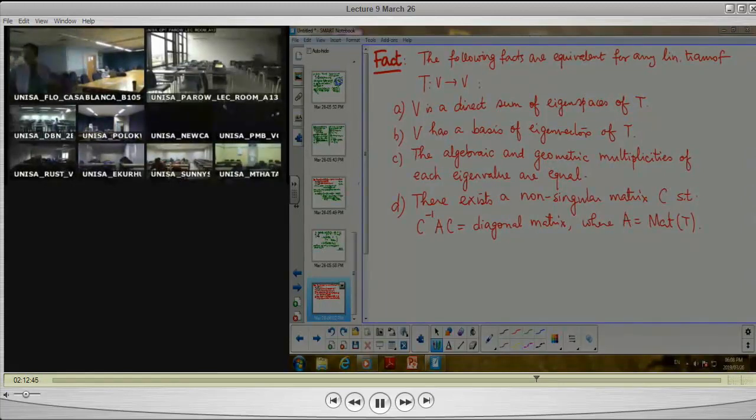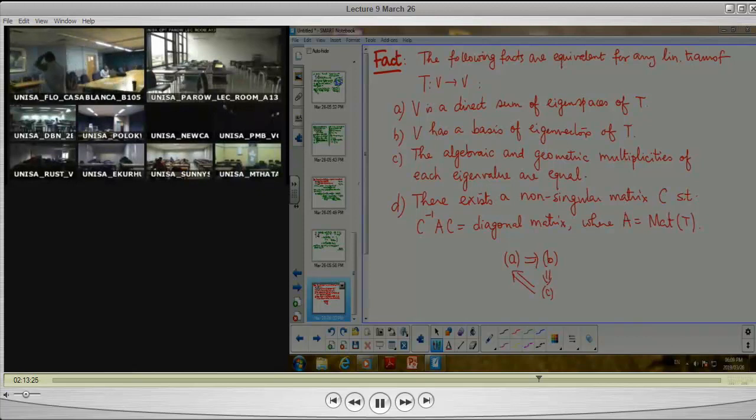I showed that A implies B, and I showed that if you have B, then C is obvious, and then I showed that C implies A, and using properties of matrix multiplication, this turns out to be equivalent.